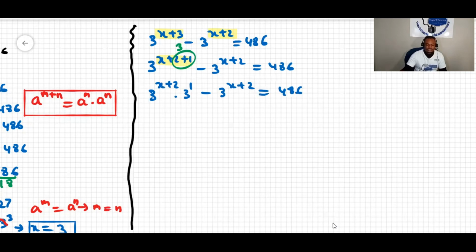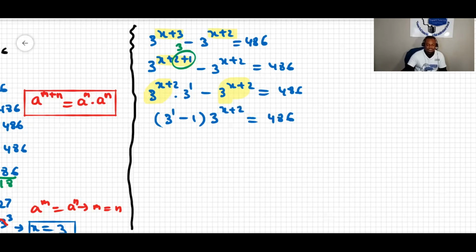Are we together? Now, you notice that this is the common factor between these two terms. We can take it out as a common factor. So we have 3 to the power of 1 minus 1, and then 3 to the power of x plus 2 as the common factor, equal to 486.